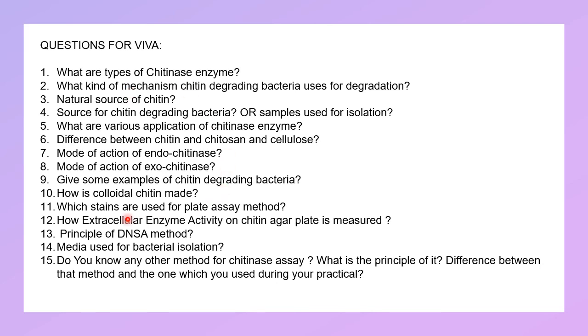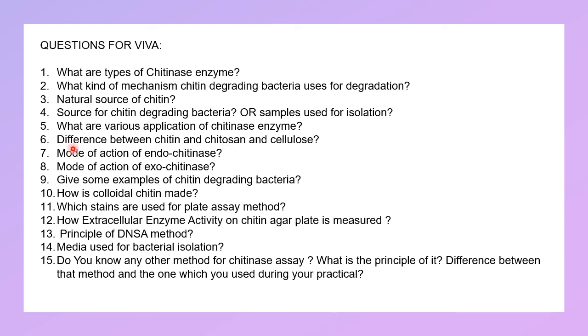I will not discuss all the answers, because it will help you get prepared for your Viva exam, and that is how you should study. Get a paper and pen, list out all these questions and try to find the answers. Mostly you will find all these answers in my 3 videos on chitin, and you will hardly need to go on Google and search. If you watch all 3 videos, I can say that you can answer all these questions.